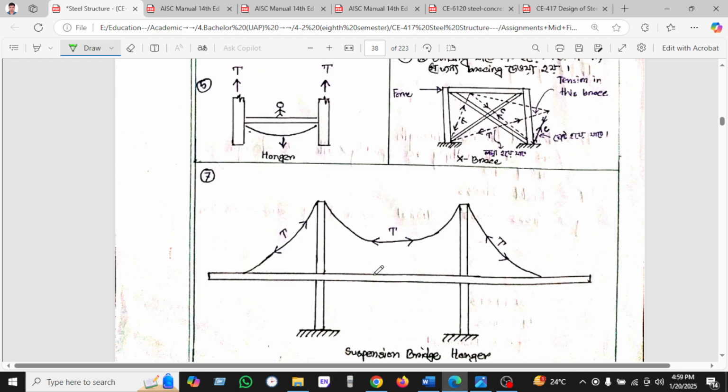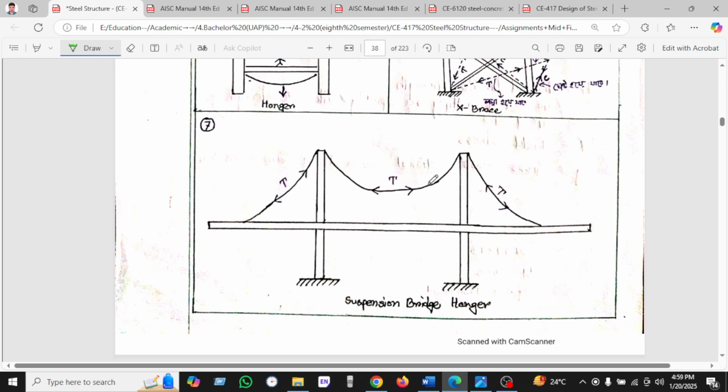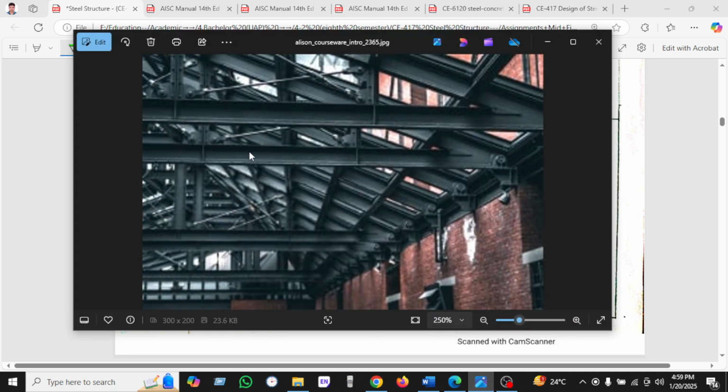On the superstructure of the bridge we have seen the chord takes tension. Another photo is given, where we can see the beam is taking tension.